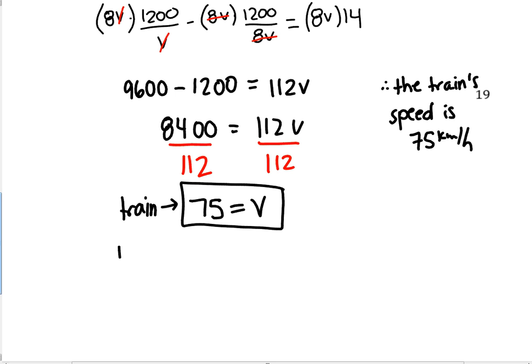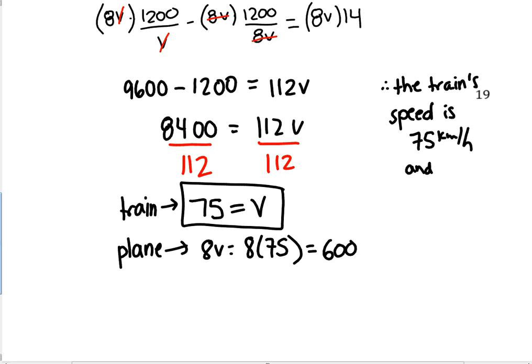How do we get the plane? Times it by 8. It was 8V. So 8 times 75, which is 600. So therefore, the train speed is 75 kilometers per hour, and the plane speed is 600.